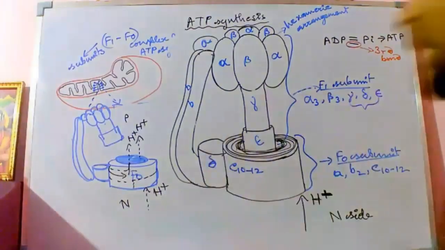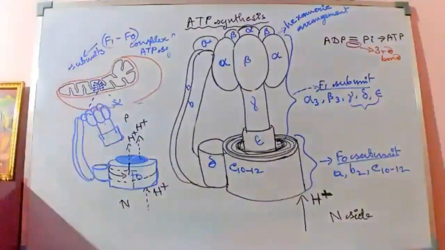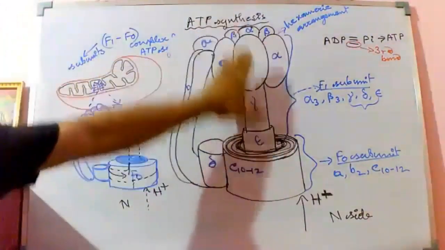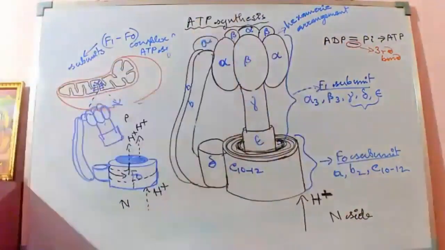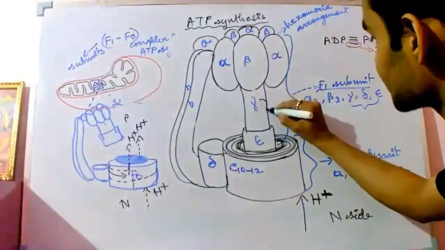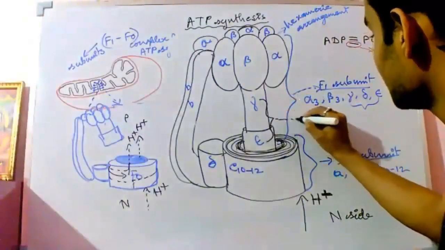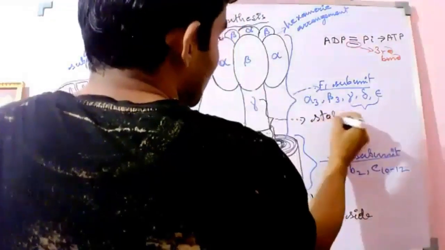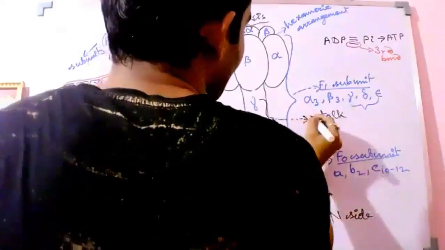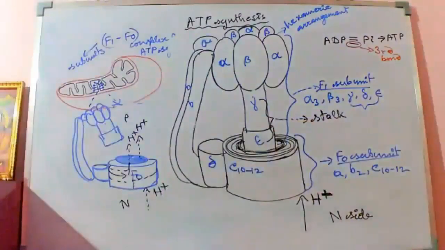Now I will discuss the function of this main functioning part. This gamma and epsilon part is called the stalk.